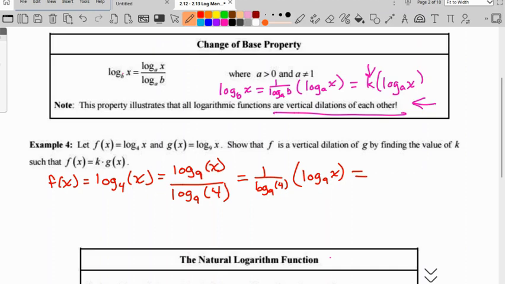And again, we said that log base 9 of x is g of x. So that's 1 over log base 9 of 4 times g of x, where k equals 1 over log base 9 of 4.